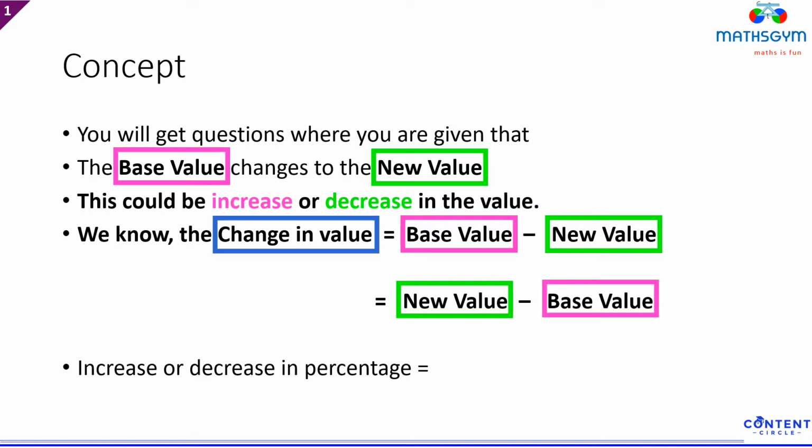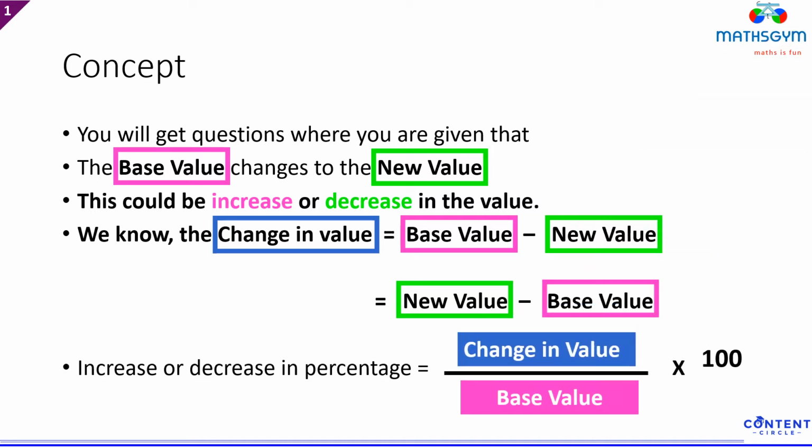Now how to find the percentage increase or decrease? That's the fundamental formula. Change in value divided by the base value multiplied by 100 will give you the percentage increase or decrease.